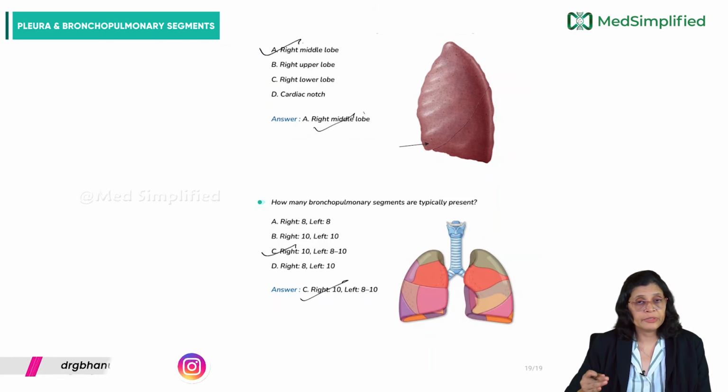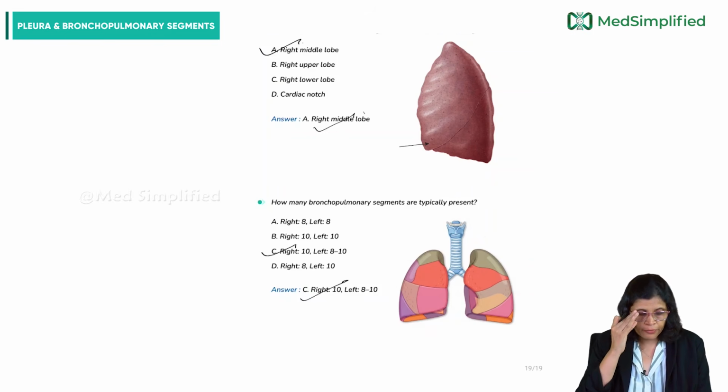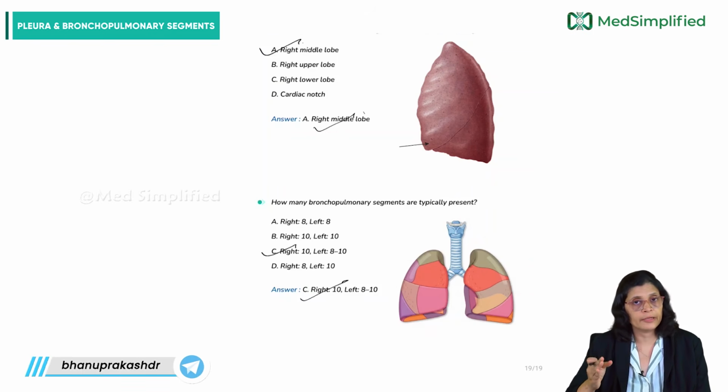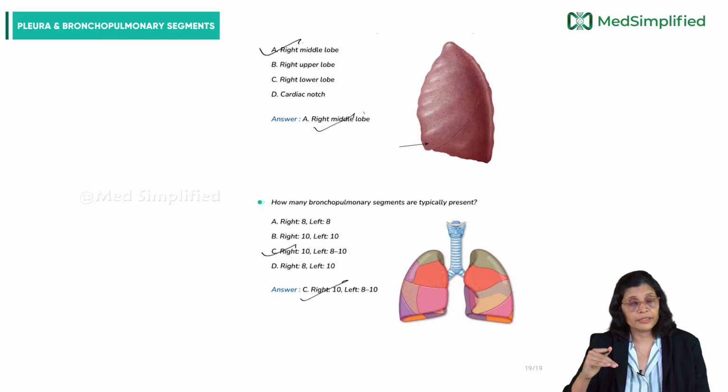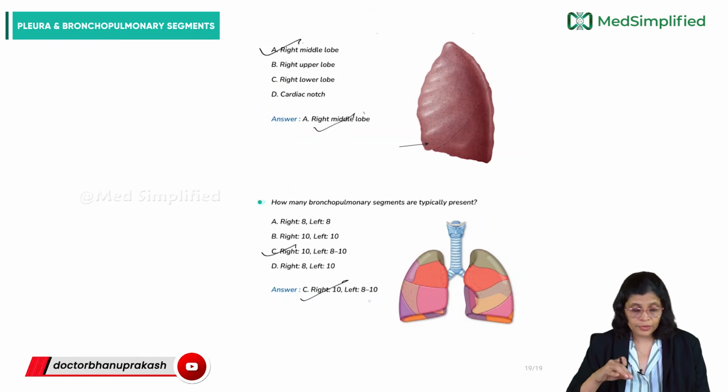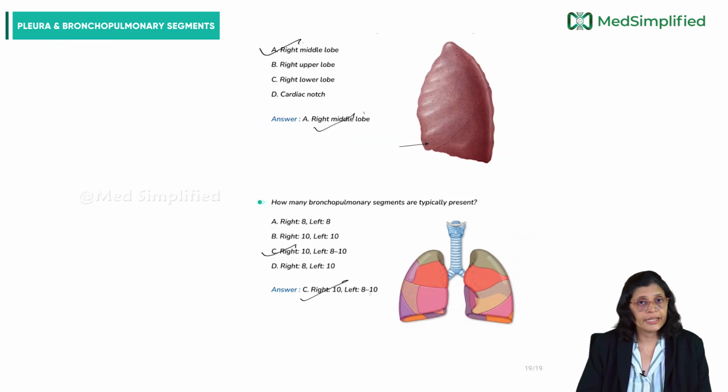On the left side, sometimes the apical and the posterior segments in the superior lobe form together the apico-posterior segment. And in the inferior lobe, the anterior basal and the medial basal together form the antero-medial bronchopulmonary segment. So in those cases, instead of 10, there will be 8. That is why on the left side we take 8 to 10.